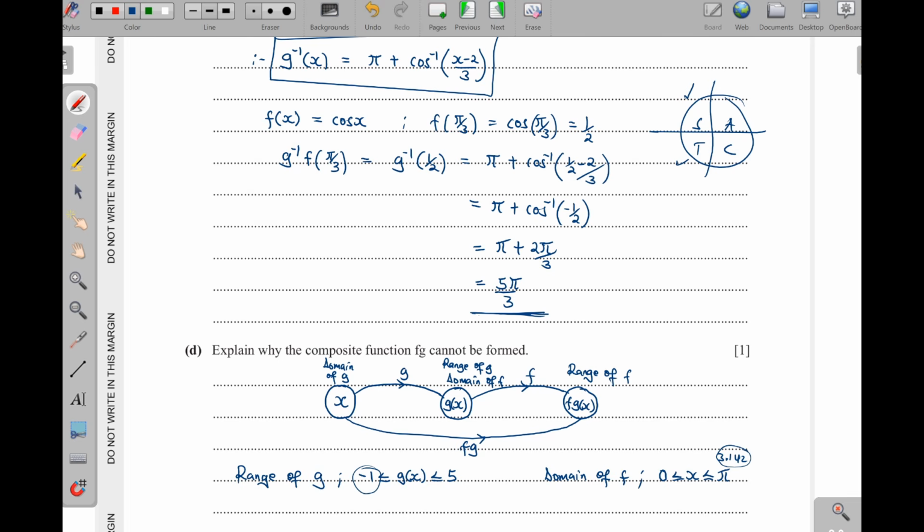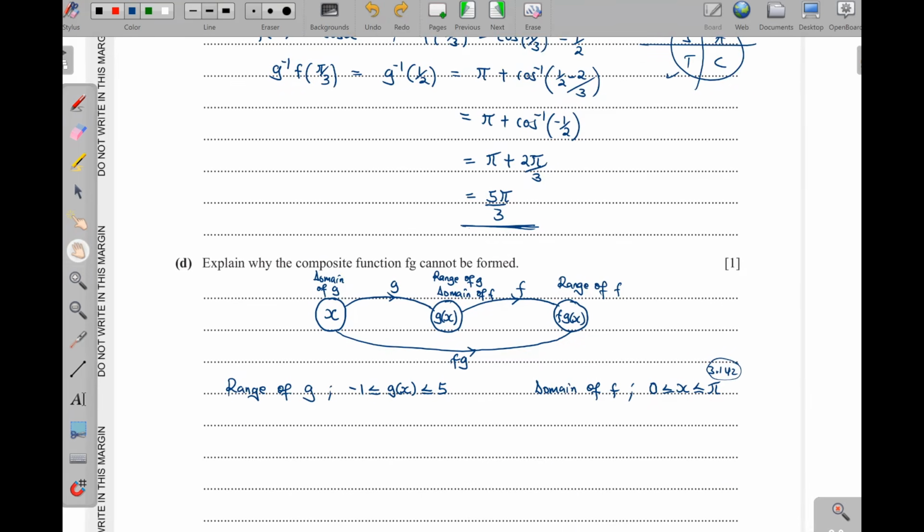Here, we are having negatives. If you look at a number line, you have negative 1, then 0, maybe 1, then 2, then 3, then 4, and then 5. We are continuing like that. So g is here. This is our g of x. It is taking all of these values here.